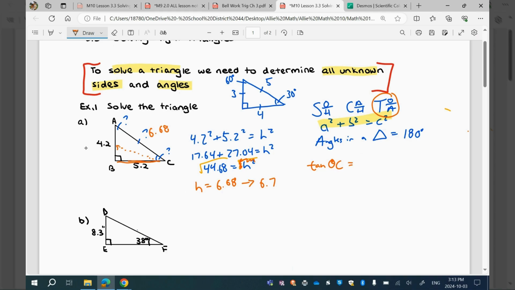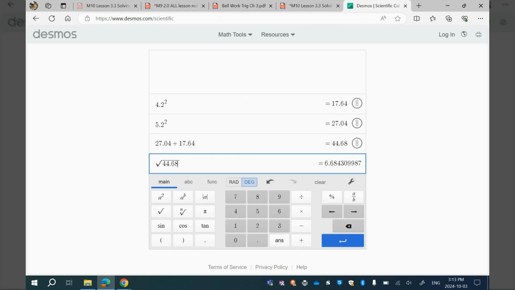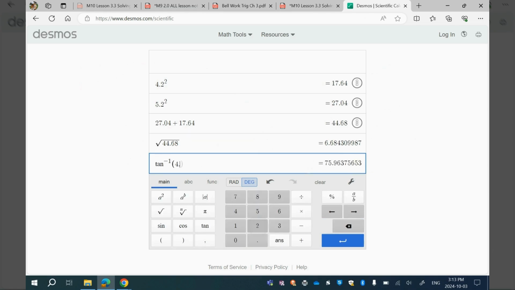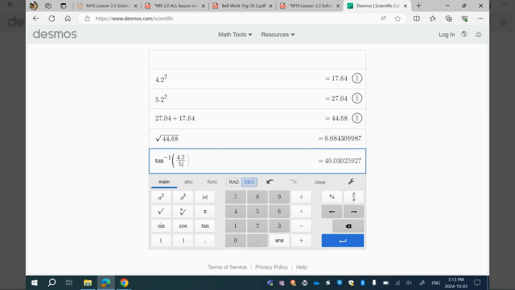Tan C equals the opposite, 4.2, over the adjacent, 5.2. And now we just need to put that in our calculator. Since we're looking for an angle, remember we're going to use the inverse function. So inverse tan of 4.2 divided by 5.2. Put a bracket around there, and we get, I'm going to round it to 39 degrees.